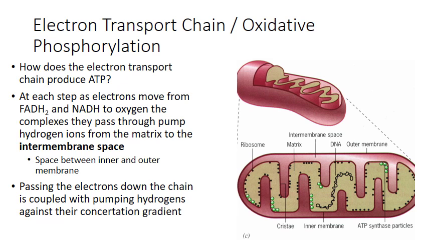So is this an active or a passive process, moving hydrogens up their concentration gradient? Active. When those eventually flow down their concentration gradient, will that be consuming or releasing energy? Releasing energy. It's like water flowing down a hill. Things going down the gradient are generally going to be releasing energy.